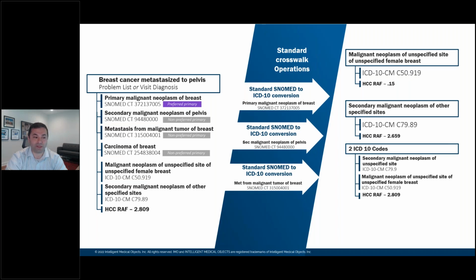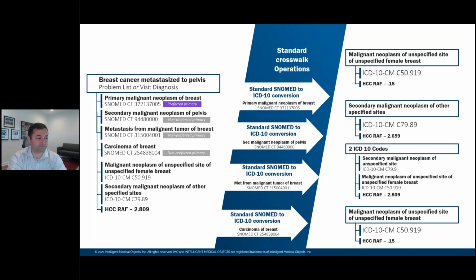This kind of code crosswalk will give you the closest, but you're missing the anatomical site that the diagnosis had metastasized to, in this case, the pelvis. And in this case, you're just getting back to breast cancer. So again, there's a consistent thread of understanding here.